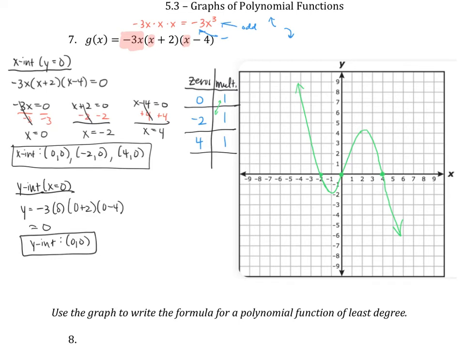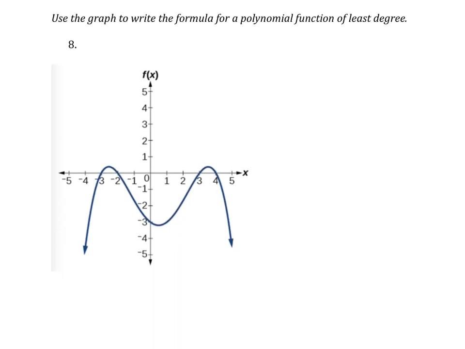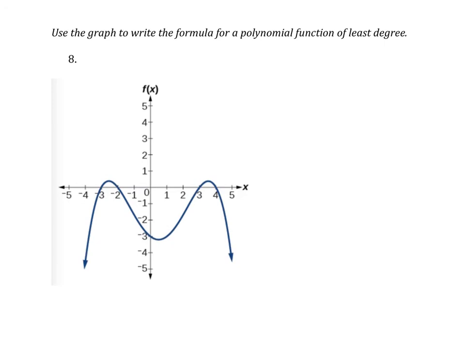Okay, all right, so number 8. Now we're going to be given the graph and we want to write the formula. So we're going to be kind of doing it backwards. So for this, I'm going to be trying to find the zeros or the x-intercepts.